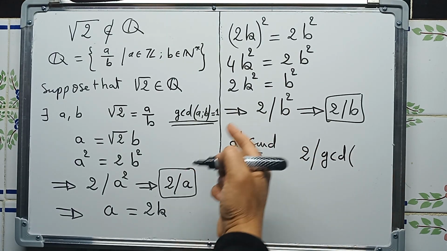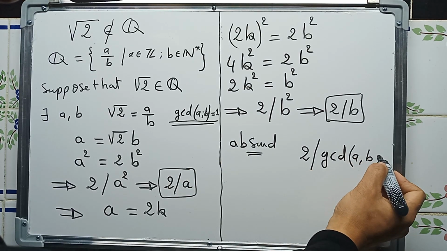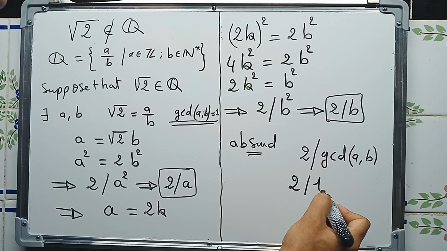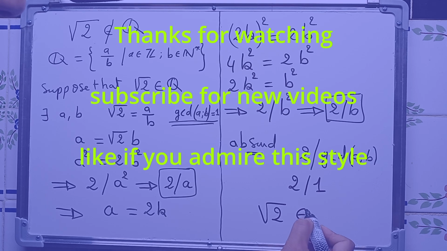Since it divides the two numbers, it must divide the GCD, and we will have 2 divides 1, which is absurd. Simply, it's absurd. So we get to the conclusion that square root of 2 is not a rational number.